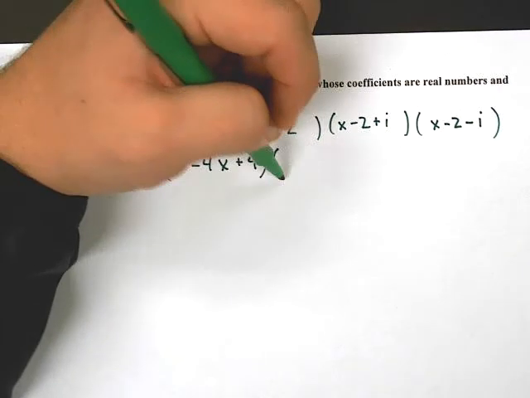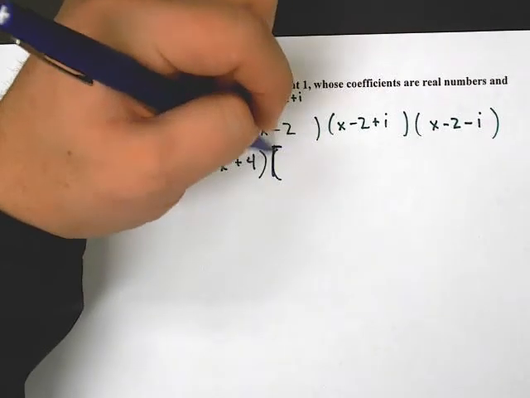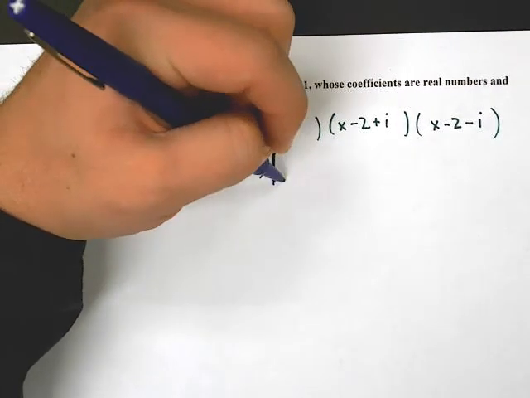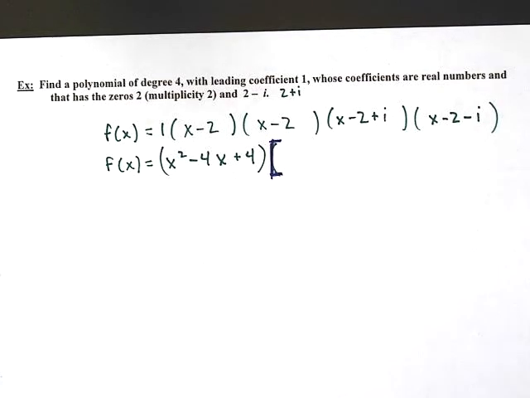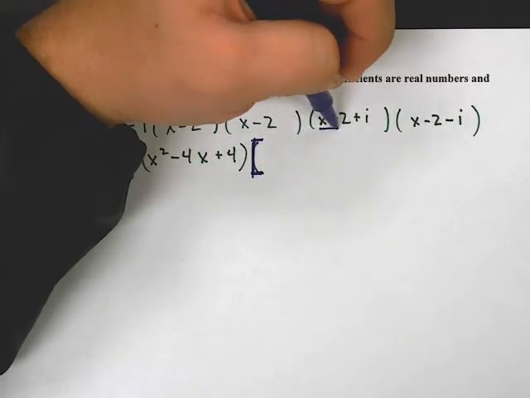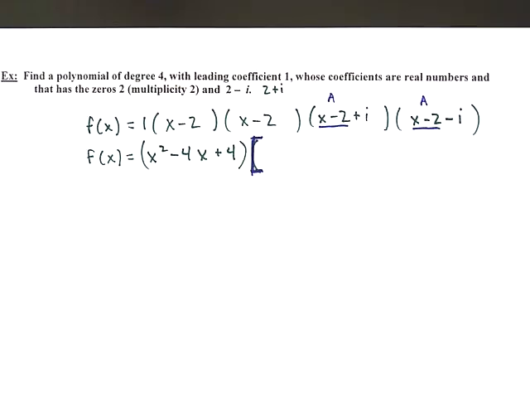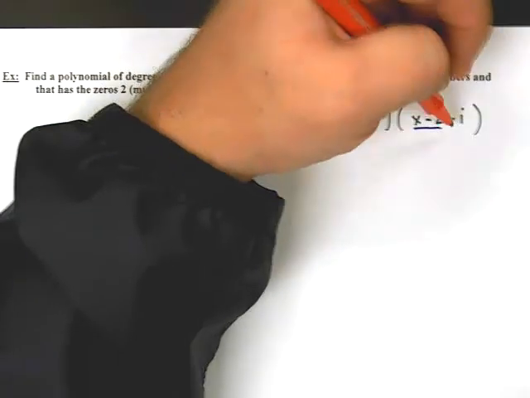What we need to do is practice, and actually I'm going to change this to a square bracket so we can really see what's going on here. All right, I need to figure out what my a and my b are in this situation. I see an x minus 2 and an x minus 2. That's my a. I see a plus i and a minus i.